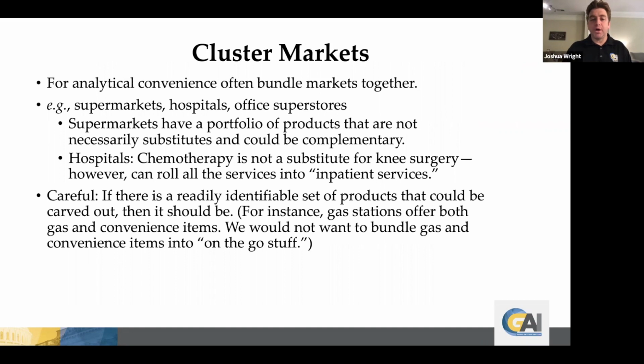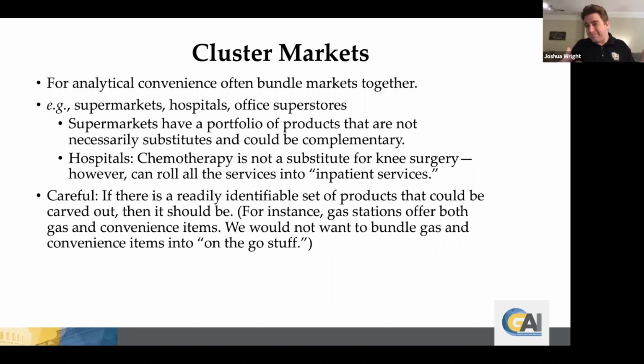One brief note on cluster markets. I won't cover it a lot right now, but just to have it out there for you as a foundational concept. Oftentimes, our product markets, I've done separately. I've done product 1, product 2, product 3. Sometimes in the real world, we bundle markets together for convenience. So think supermarkets, hospitals, office superstores. What I'm really looking for when I go to the supermarket is not just the coffee that I'm going to buy, but I'm going to get coffee, milk, and some produce and so forth. Okay.